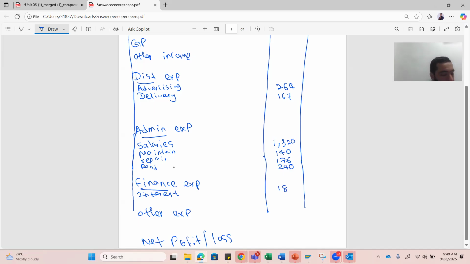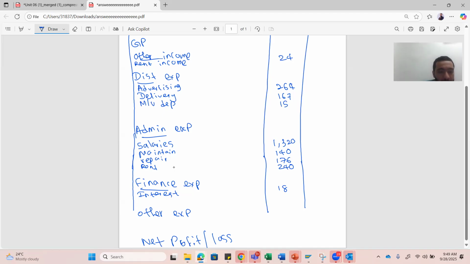$18. Right? Rent income. Rent income comes under other income. 24. Right? Motor vehicle depreciation comes under distribution. Why? Motor vehicle is normally used for distribution. Furniture depreciation.